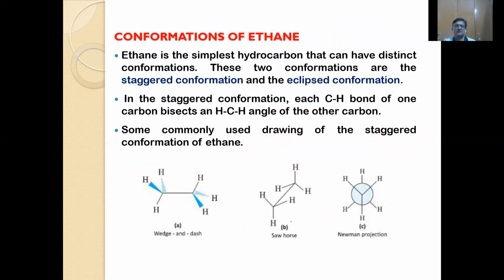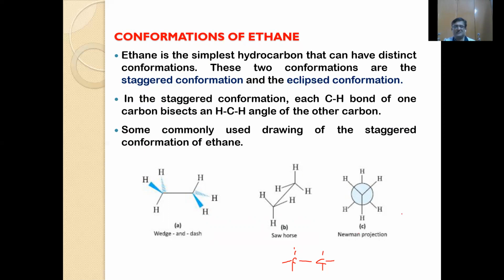So let us see one such important, simplest molecule, that is ethane. Conformations of ethane. Normally for ethane, in a 2-dimensional structure, we write two carbons like this, then H, H, 3 hydrogens here, 3 hydrogens here. How does it exist in a stable form and exhibit all its properties?